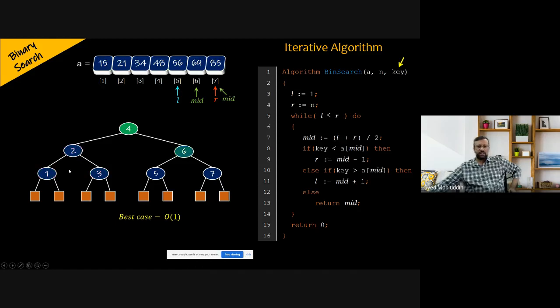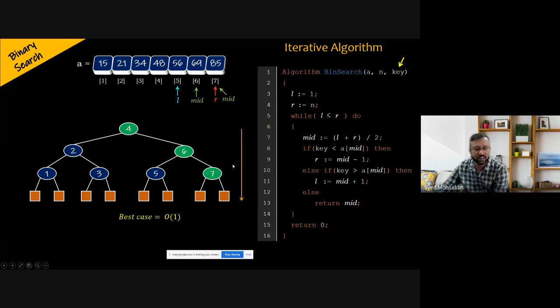So the worst case would be trying to compare the element at the indices at every level. So there are 3 levels here. If you have a large number of nodes, obviously the levels of this tree increase. So the worst case is to compare the element till the last level.